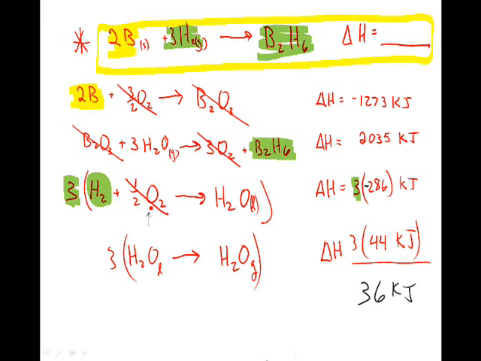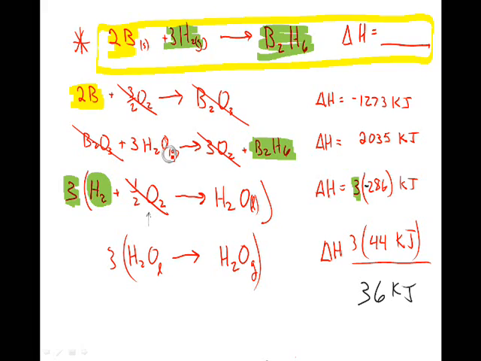And I'm looking here to see if I've missed anything. Okay, here I have water in the form of gas, and here I have water in the form of liquid. Those are not exactly the same thing. It takes a different amount of energy.